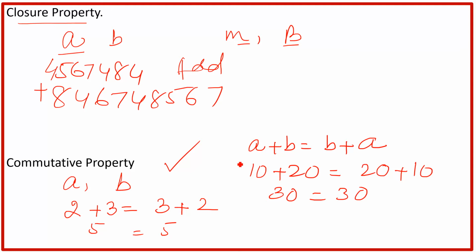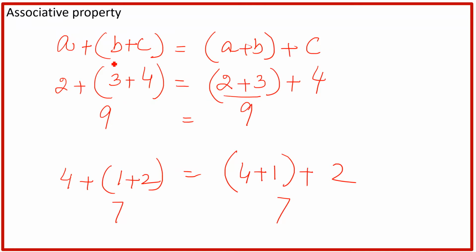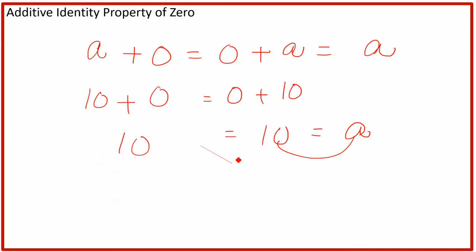Commutative property: A plus B is equal to B plus A. You can write A first or B first, you will get the same, but there are two variables. In associative property, we have three variables. First, you have to calculate whatever is inside the parenthesis, you will get the same answer. And the last is the additive identity property of 0. A plus 0, anything plus 0 remains the same, whatever you are going to add.